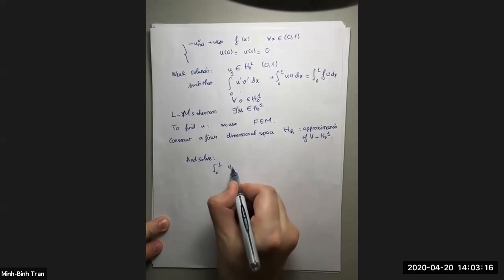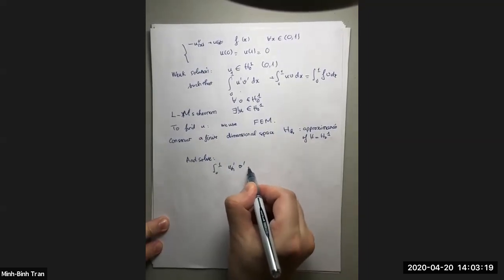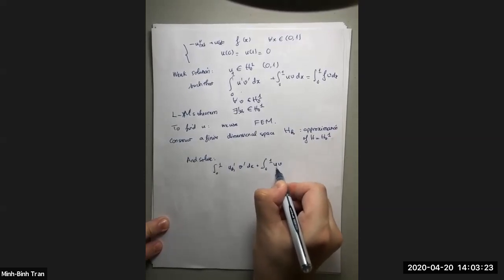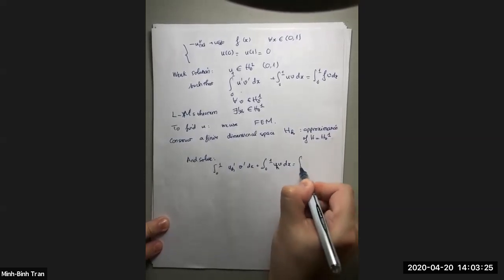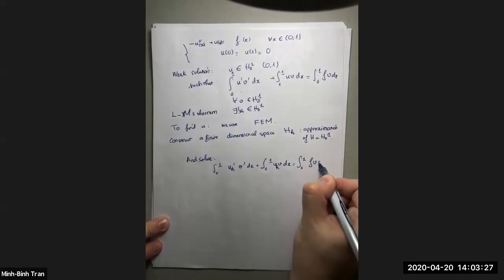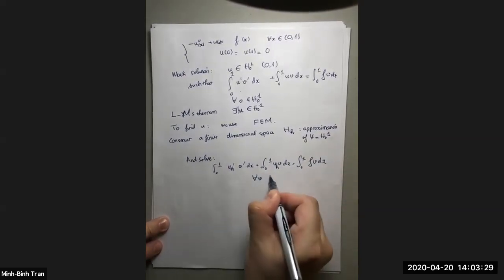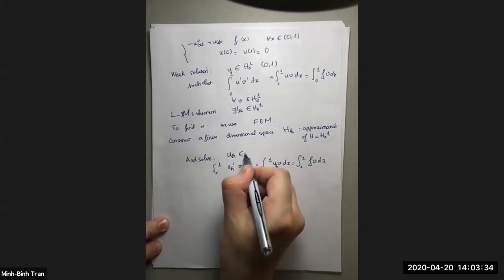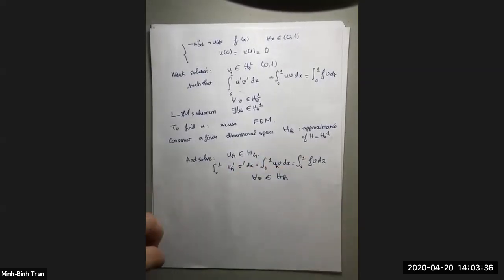the integral from 0 to 1 of u_h' v' dx plus u_h v is equal to the integral from 0 to 1 of fv dx for all v in the small space. So for u_h in this small dimensional space, right?